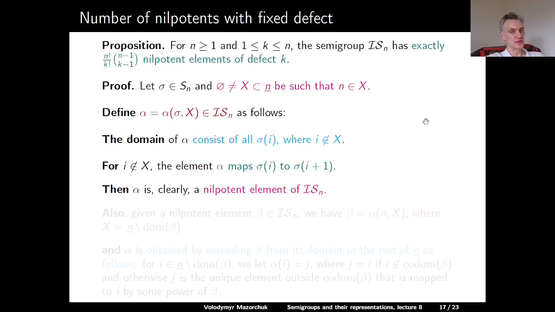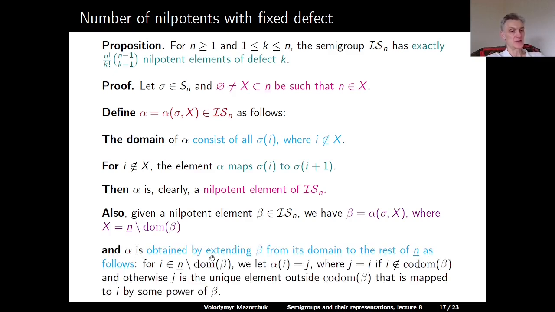So alpha is a nilpotent element. And also, given a nilpotent element beta in ISN, we can write beta as alpha of sigma and x, where x is the complement to the domain of beta in n underlined, and alpha is obtained by extending beta from its domain to the rest of n underlined as follows.